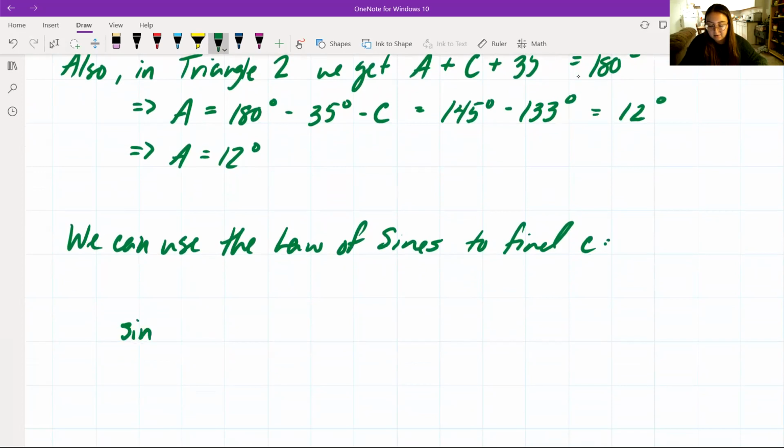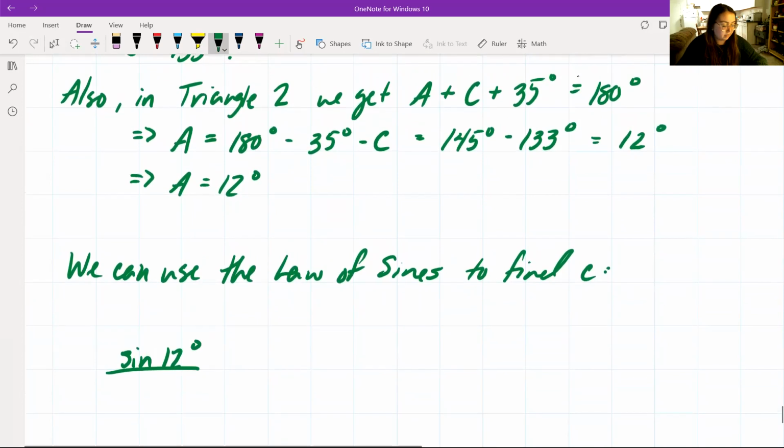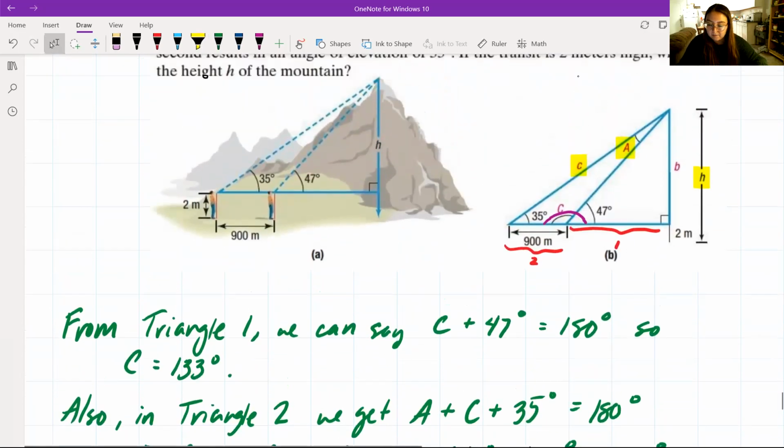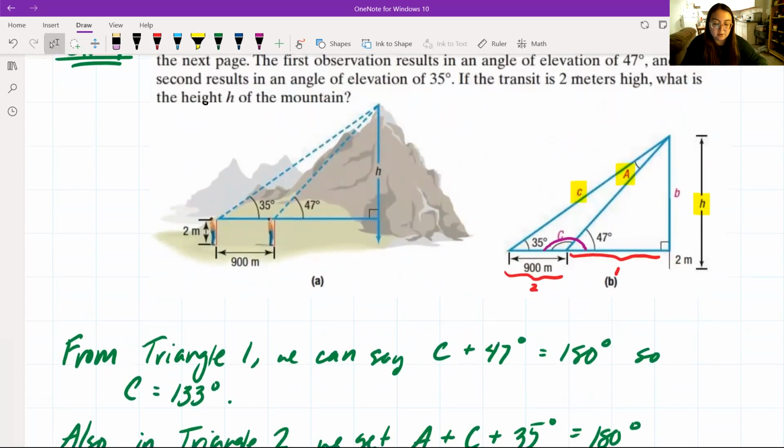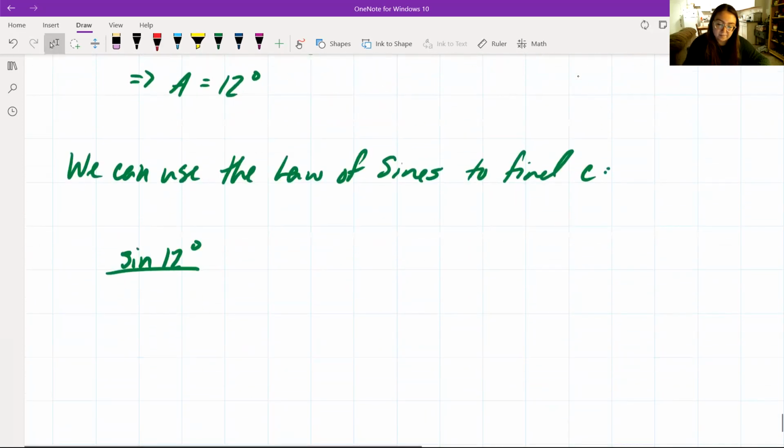We have sine of A, which is 12 degrees, divided by our value of A, which is 900 meters, because remember, our angle A corresponds to this side here, which is 900 meters. So sine of 12 degrees divided by 900 meters is equal to sine of C, which is 133 degrees, divided by lowercase c.